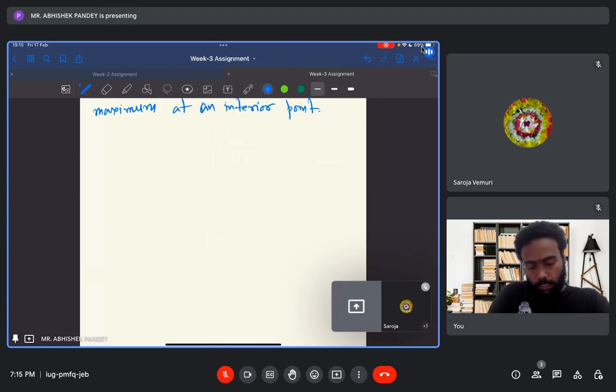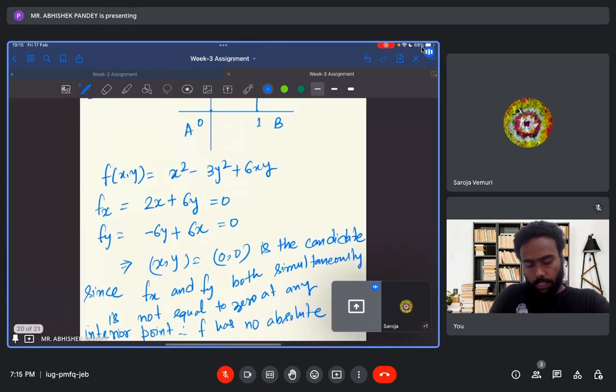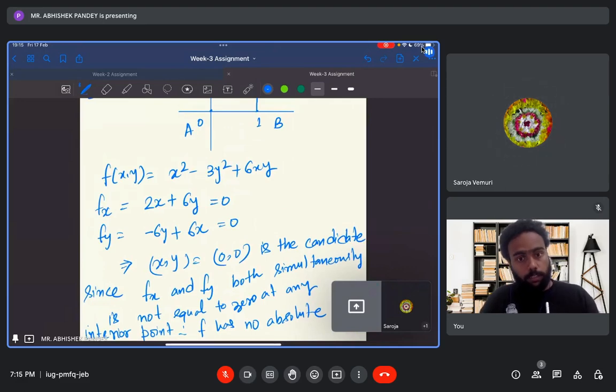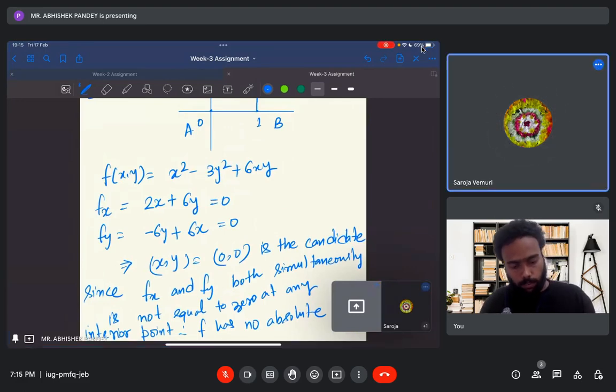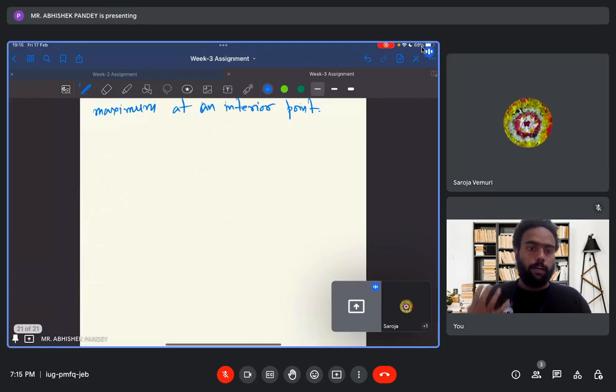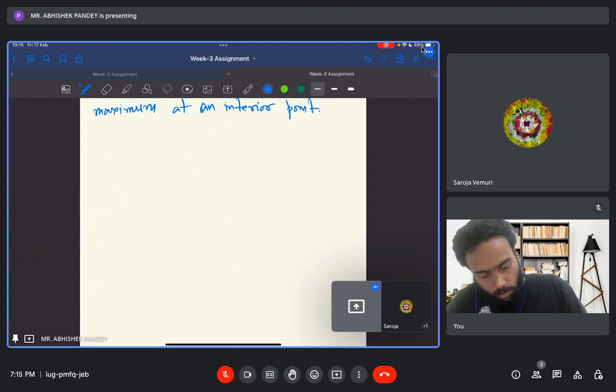So at an interior point, fx and fy are not 0. Is it clear? Clear, sir. Okay, so an interior point cannot be the candidate of absolute maximum. So we need to check at the boundary points.